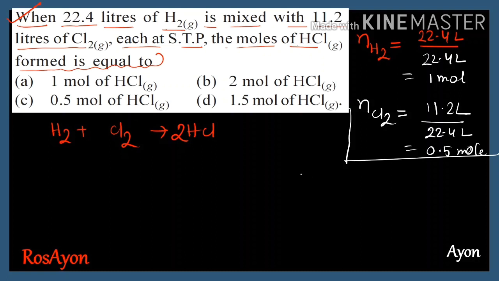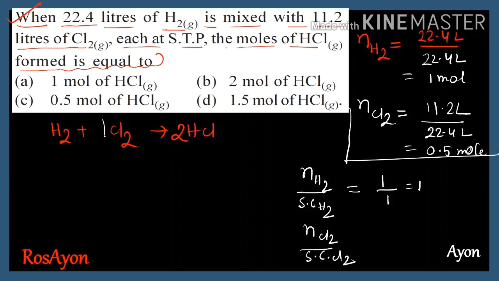Clear? Now you have to determine the number of mole of hydrogen divided by stoichiometric coefficient of hydrogen. This is 1 divided by 1 equal to 1. Number of mole of Cl2 divided by stoichiometric coefficient of Cl2.